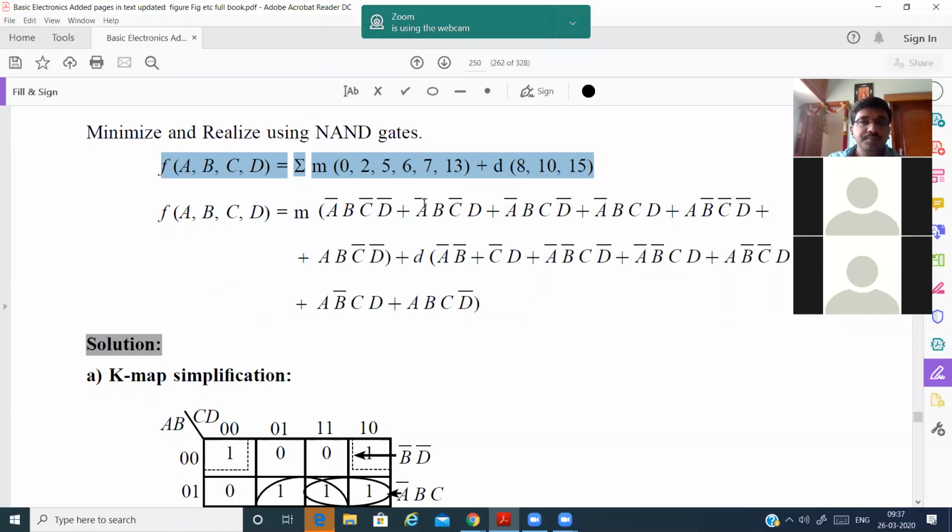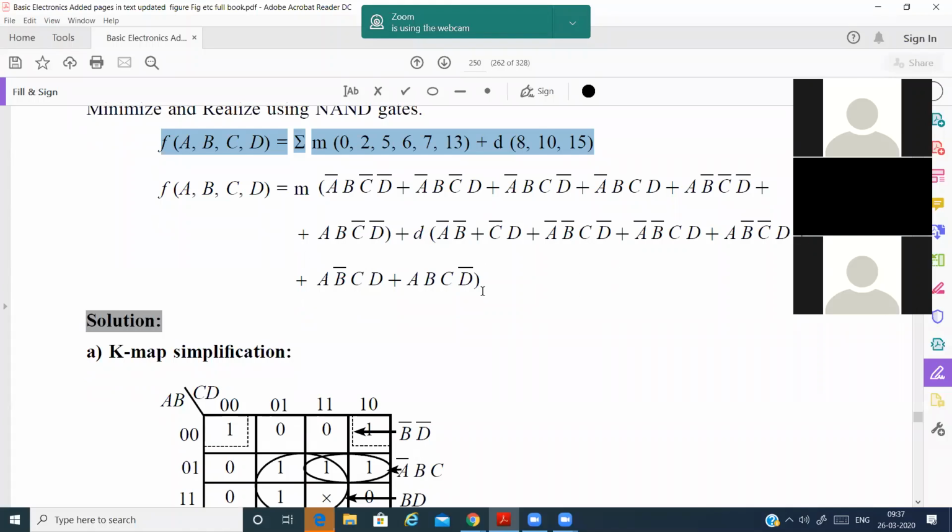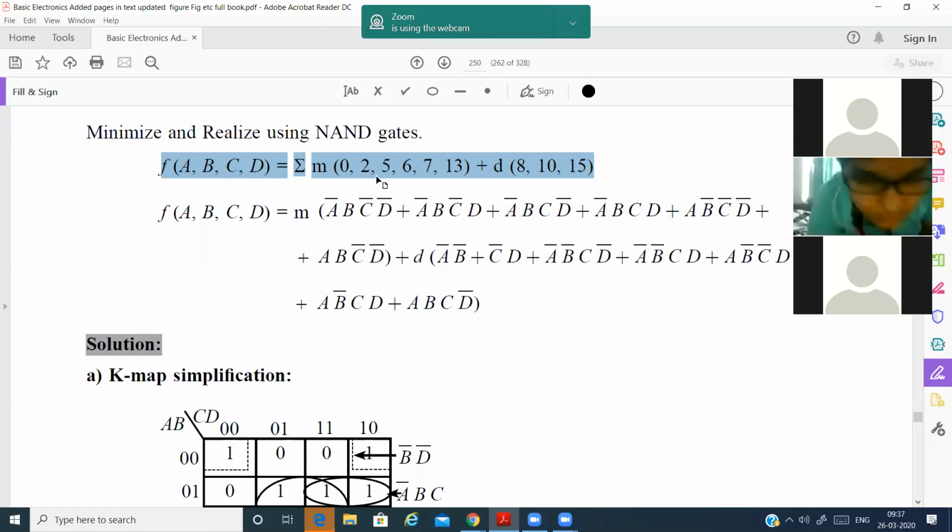So here, in this case, we are going to take summation m of 0 2 5 6 7 13 plus d of 8 10 15.